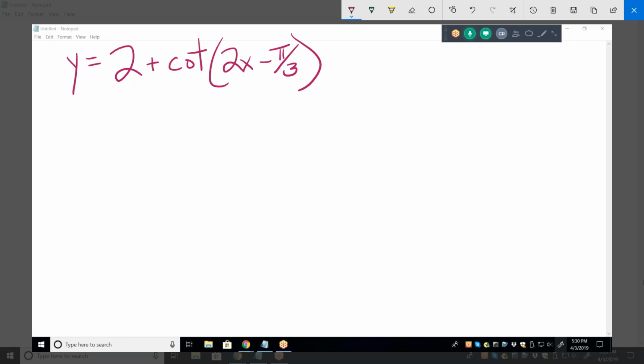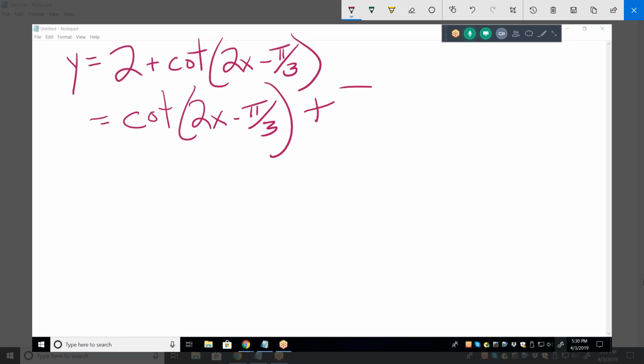This got a couple of things with it. What's the 2 out in front going to be? The vertical shift. Yeah. So I really should write this like this. Now it's closer to our general format.